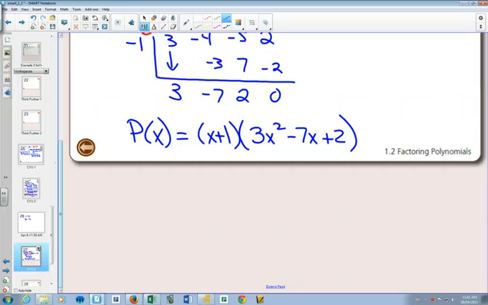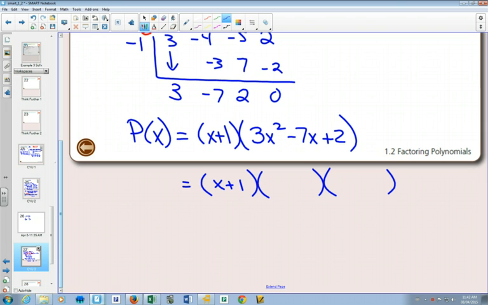It said factor fully, so we have to decide whether or not we can factor this more. Is it possible to factor the second one even further? And since it's a quadratic, we go back to our old factoring methods. You could use the factor theorem and synthetic division again, but since you know how to factor these ones already, it makes sense just to factor it directly.